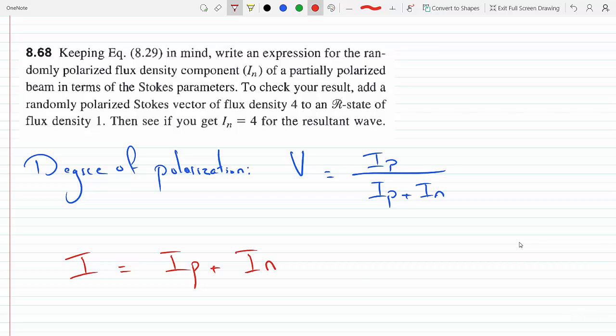And for partially polarized light, the degree of polarization, that would be an equation in your book in the section that talks about Stokes parameters. There's an equation, one second here, let me find it.